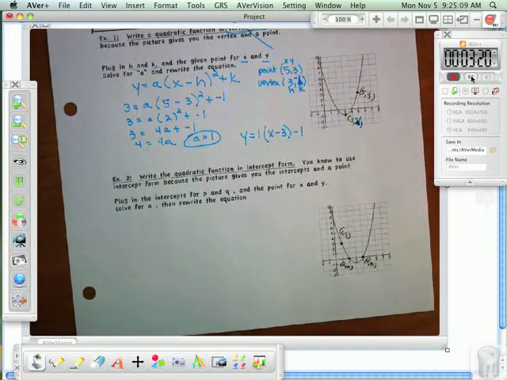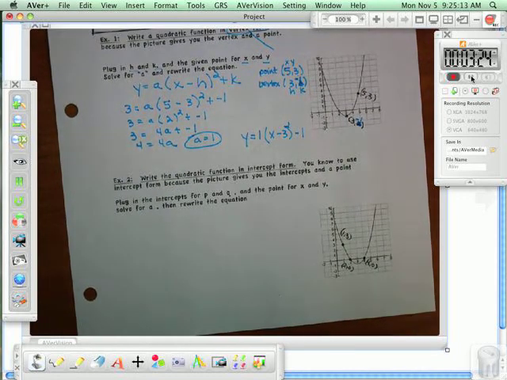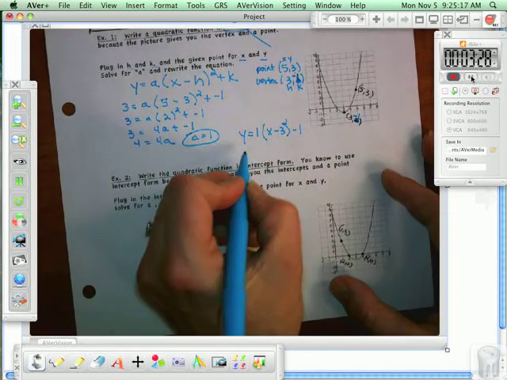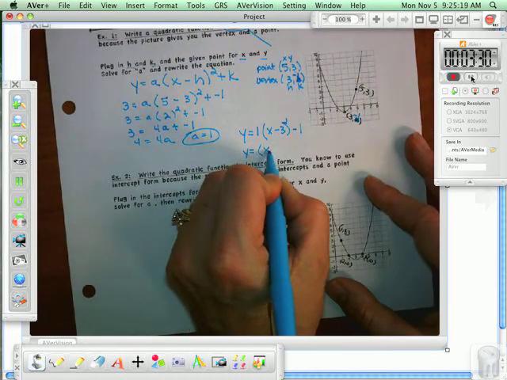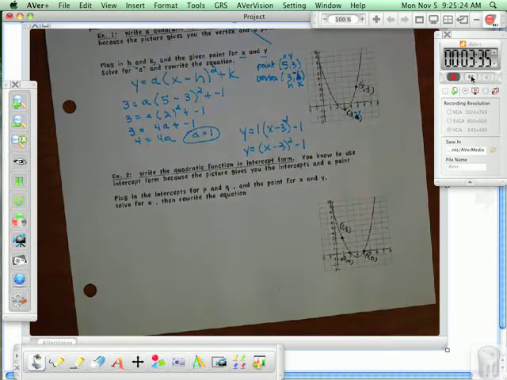So I wrote it in vertex form, because that's what I'm supposed to do. Now, you don't have to write the 1 in the front. And you're done. So basically, what you're doing in this section is writing an equation from the graph they gave you. And you tell what to do by looking at the picture. Here they gave me the vertex and a point. I've got to use vertex form.